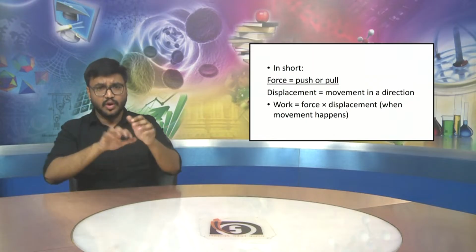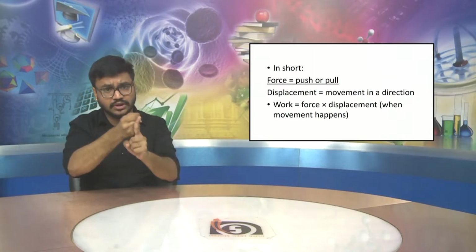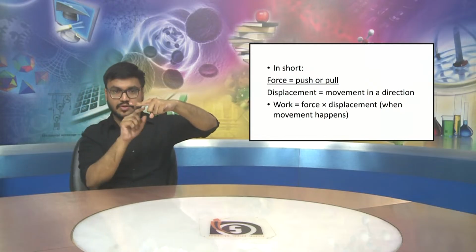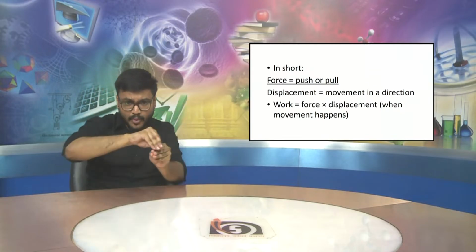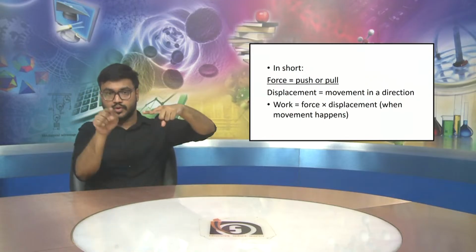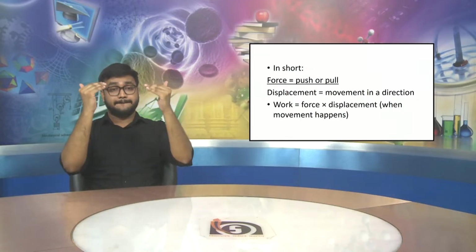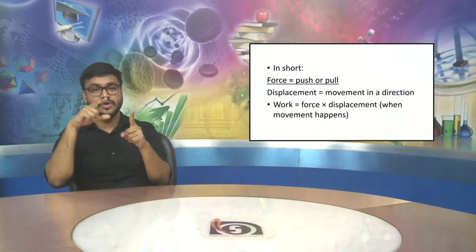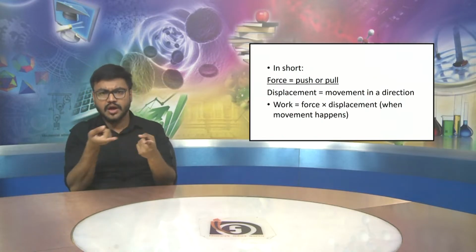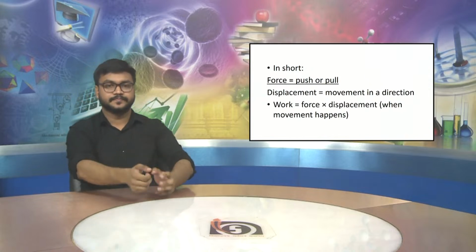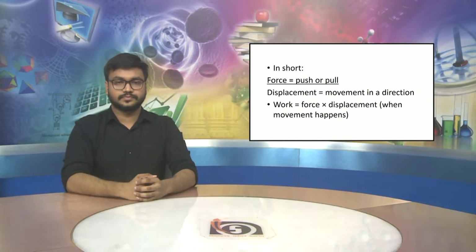In short, we can say that force is equal to push or pull and displacement is equal to movement in a direction. And how can we calculate the work? We can calculate it by multiplying force and displacement.